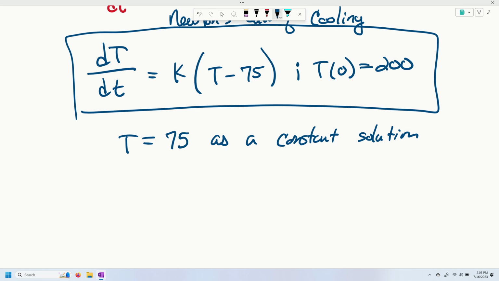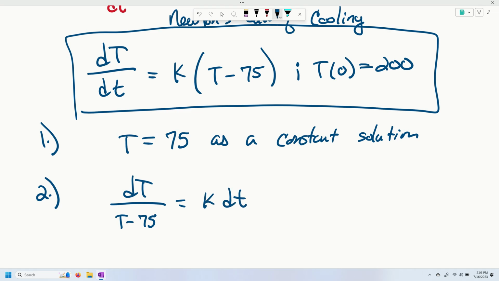So I guess this is step 1. Step 2, we're going to rewrite the differential equation into its separable form. So we're going to divide both sides of the equation by T minus 75, and multiply both sides of the equation by dt. So we get dT over T minus 75 equals K times dt.